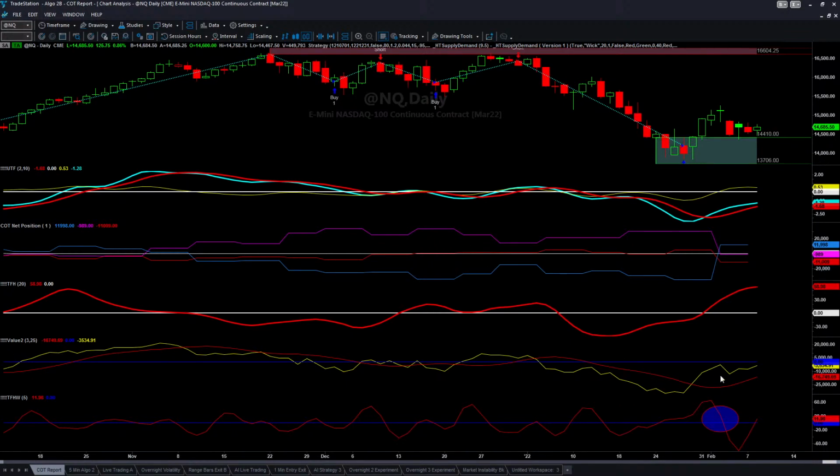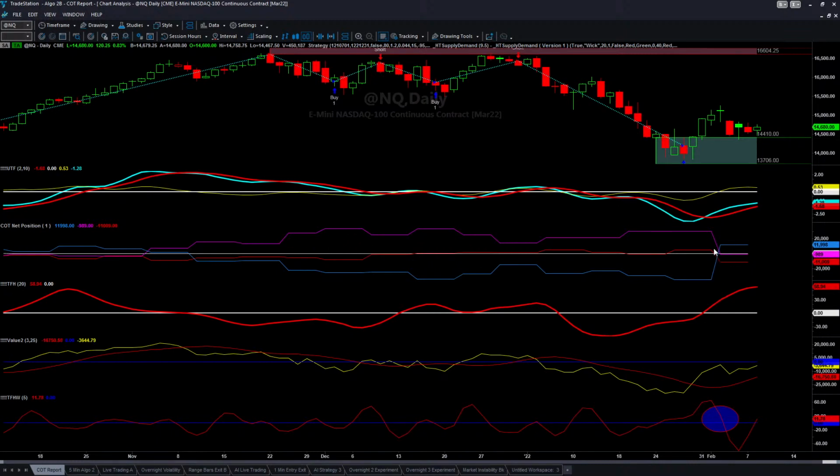However, this filter down here just crossed the 0 line right here. This is going up. The long-term filter is also going up, and you have inflow from institutional investors back into the asset as well. So all these things combined, along with the fact that I've got a long signal on the strategy there, point to continued upside.